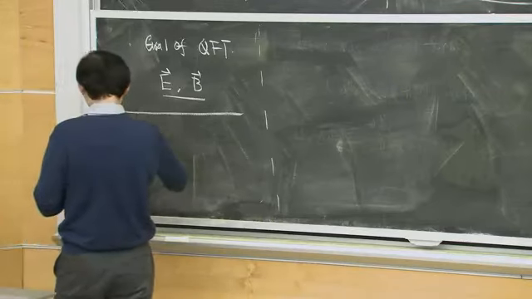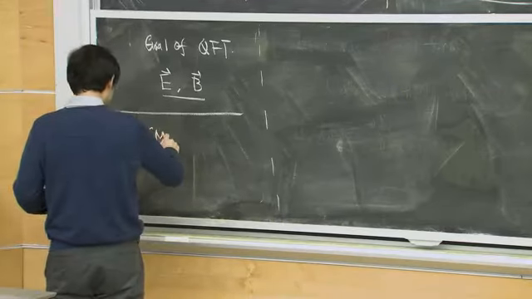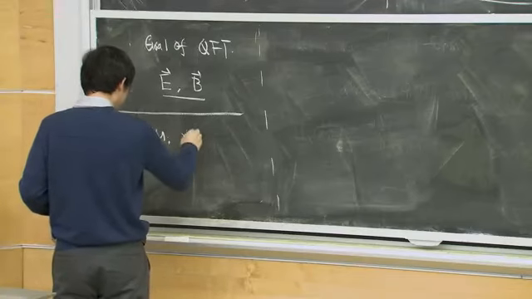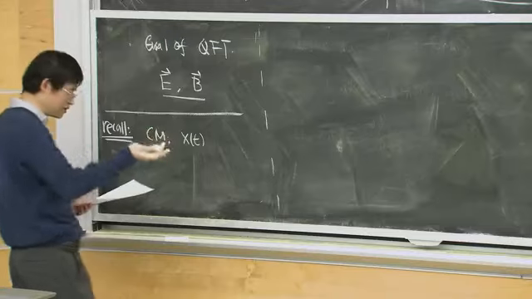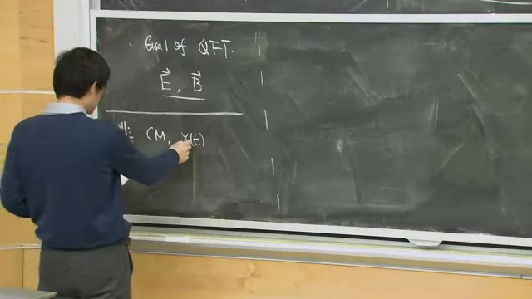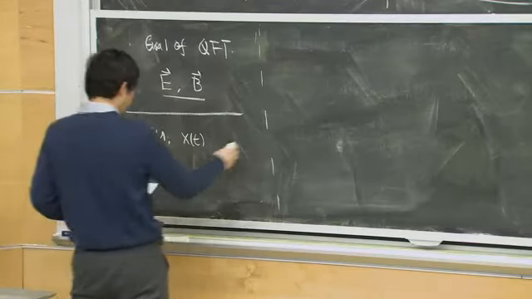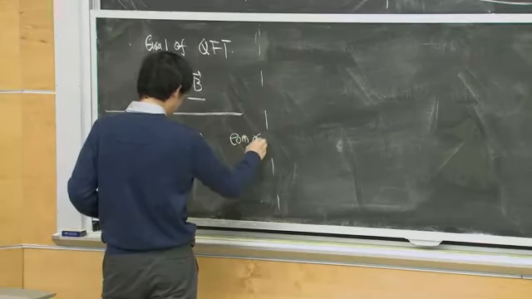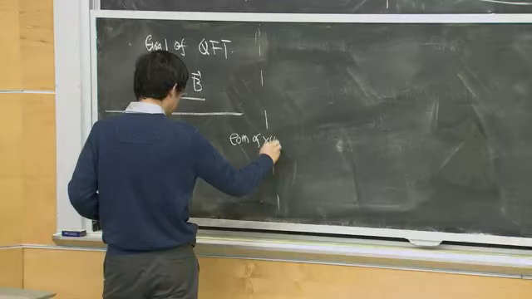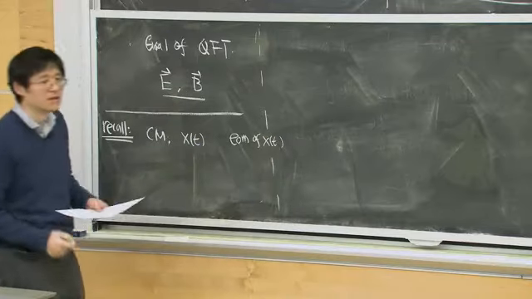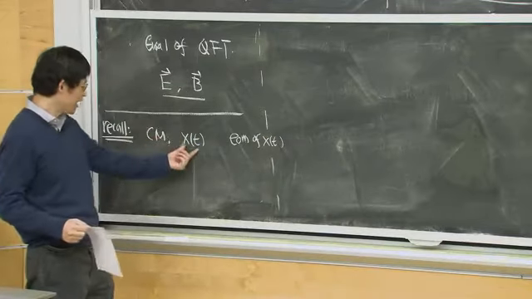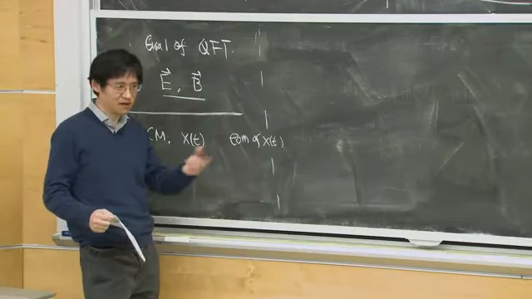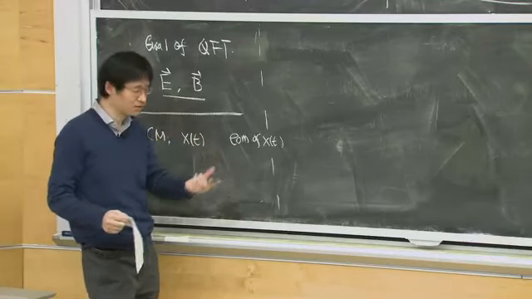In classical mechanics, let's just consider the simplest case: you have a single degree of freedom, say x(t), a one-dimensional particle whose motion is described by x(t). The goal of classical mechanics is just to solve the equation of motion for x(t). If I write down the equation for x(t) and I solve it, then I'm done. You have solved the classical mechanics.